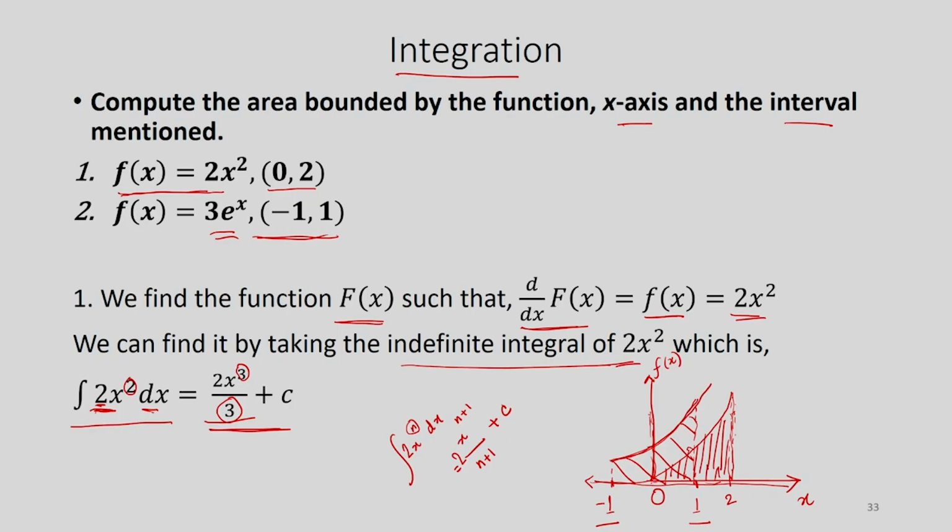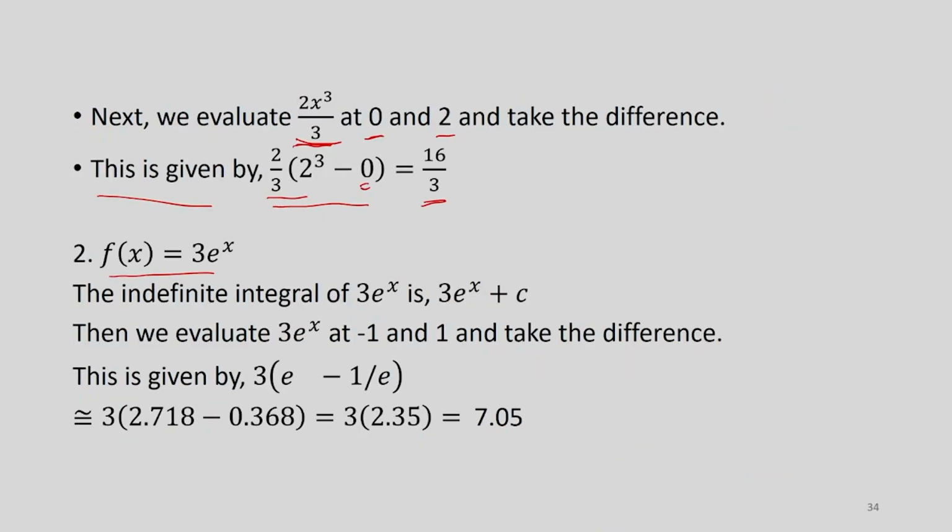First we find that capital F(x), which if differentiated gives me 3 e to the power x, and after I find F(x), then I will evaluate that capital F(x) at 1 and -1 and take the difference. Okay, so, this is the strategy.